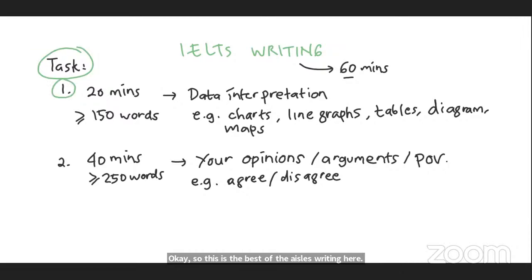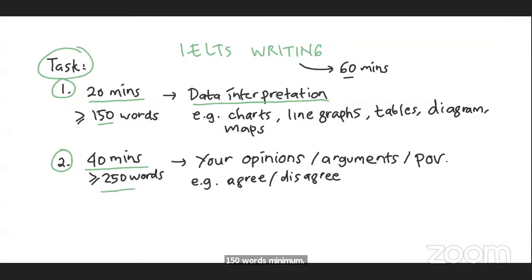Task 1, you'll have 20 minutes, 150 words minimum, and it will be about data interpretation. Second task, you have to spend about 40 minutes for 250 words minimum, and you will have to write about your opinions, your arguments, or your points of view about the issue from the question that will be given.